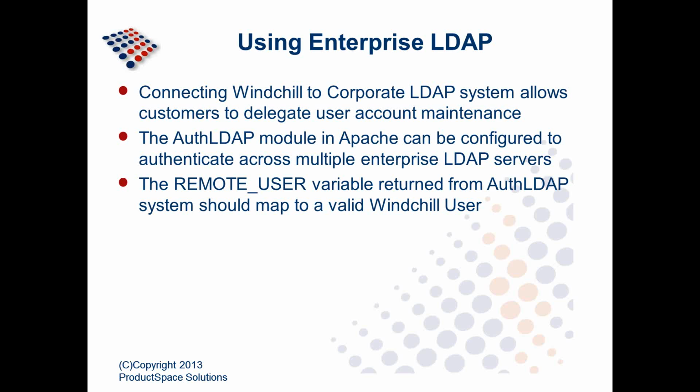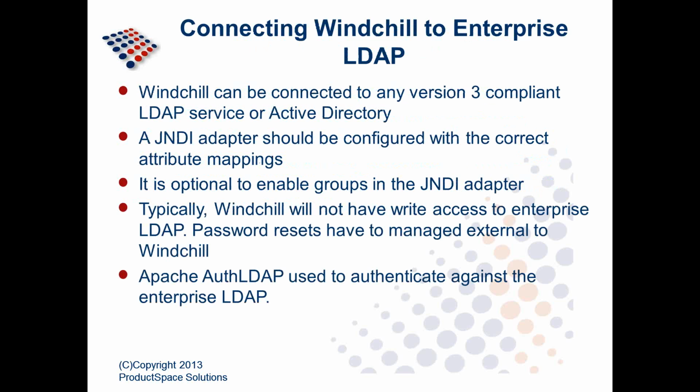And there are two options here as well. You could connect Windchill directly to your corporate LDAP using a JNDI adapter, and then connect Apache using the auth Windchill conf. In that case, both Apache and Windchill are reading the user information from the same location.